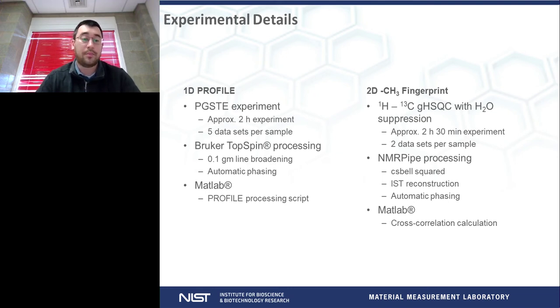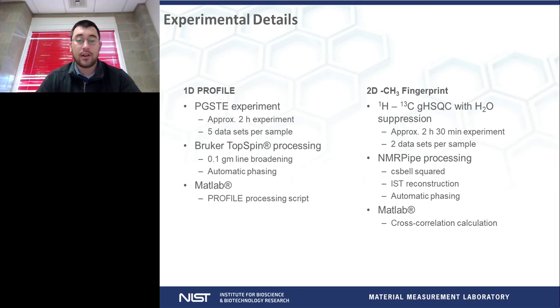Each of these experiments takes approximately an hour and 30 minutes to complete. We collected 5 data sets per sample. And then we processed initially the data in TopSpin using some Gaussian line broadening, the automatic phasing, as well as taking it a step further and applying the profile processing scripts in MATLAB.